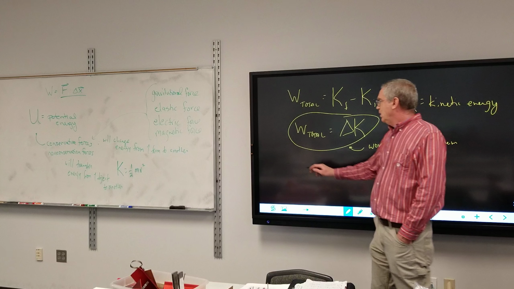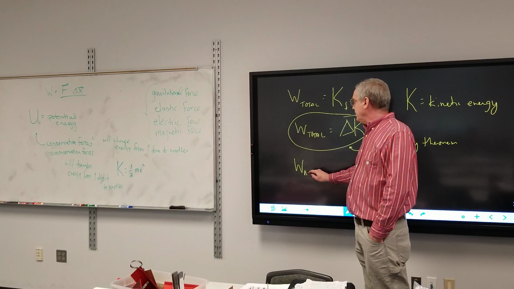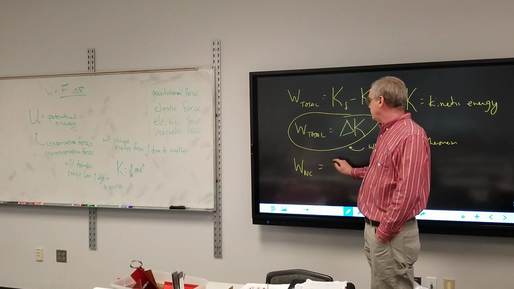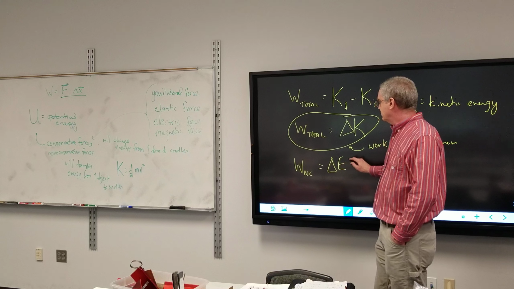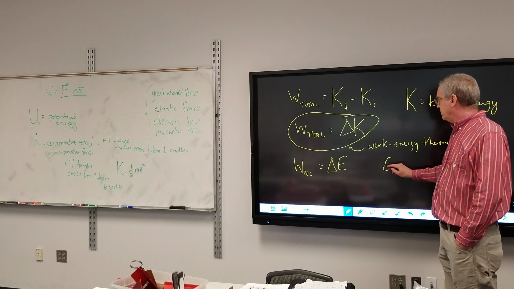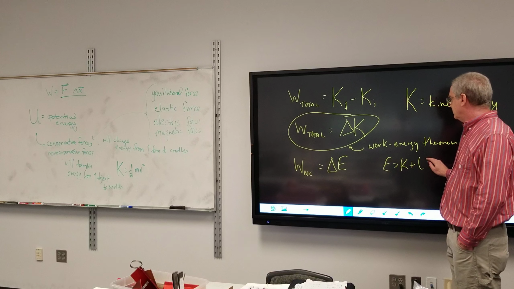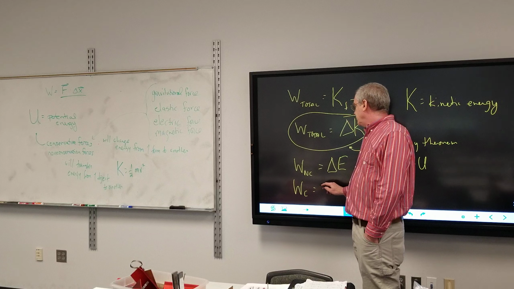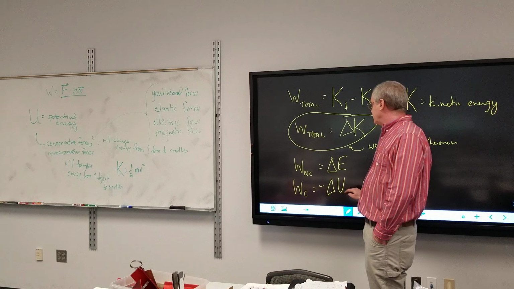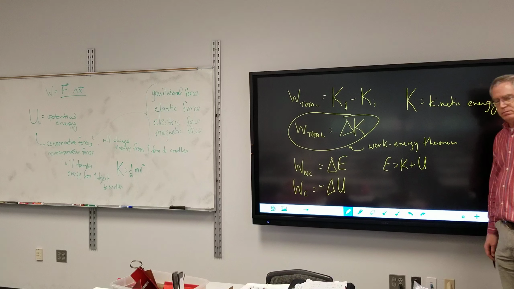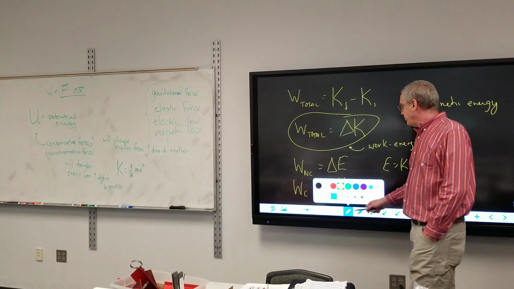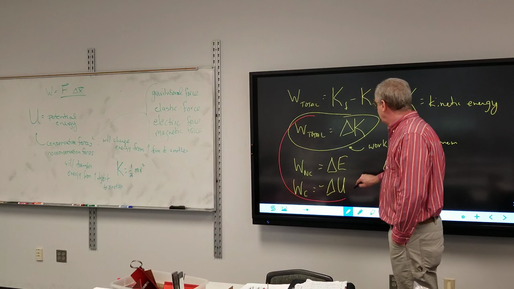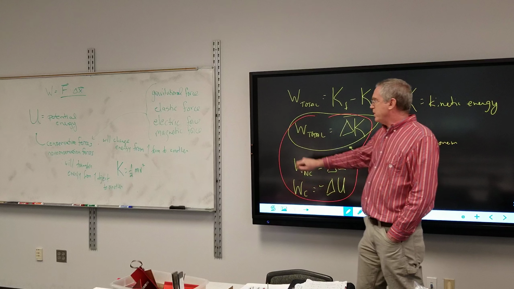If I have non-conservative work, energy is not conserved, so non-conservative work is going to be equal to the change in energy, where E is equal to kinetic plus potential. And the conservative work is equal to the negative change in potential energy. These three equations together are the work energy relationships.